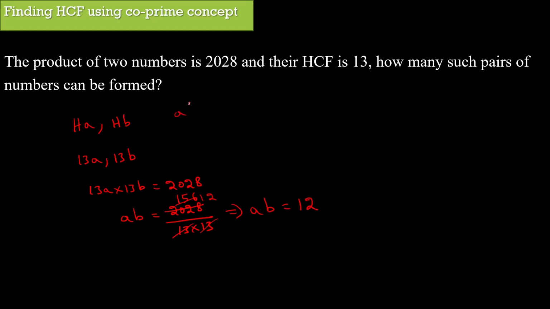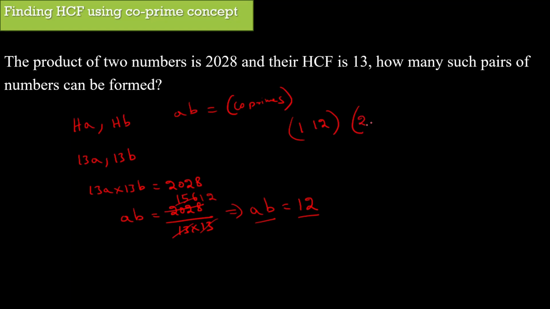So, what is this AB? We have seen that A and B should be in which format? Coprimes. So, let's see how many coprimes can be formed using the value 12. That is a product we need to take. Okay. So, 12 can be written in coprimes format as 1 and 12. A equal to 1 and B equal to 12. And what is the one more?